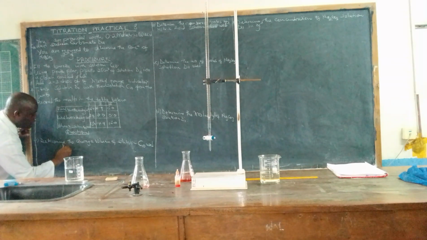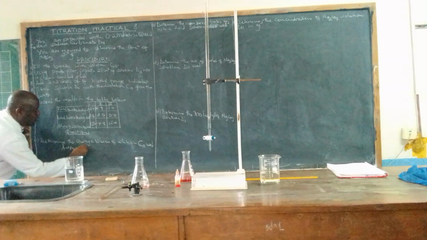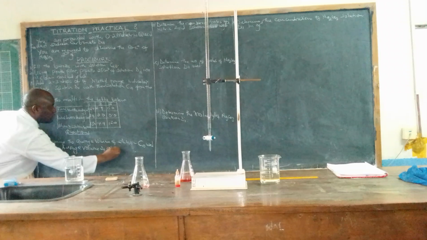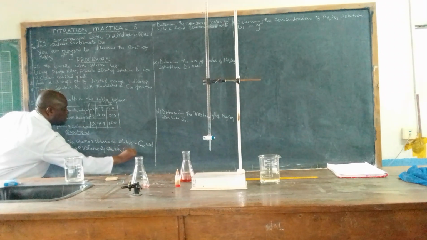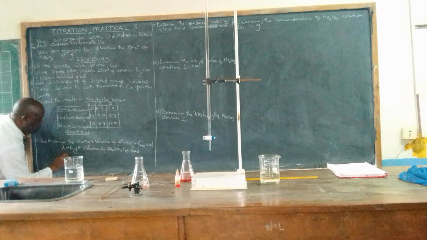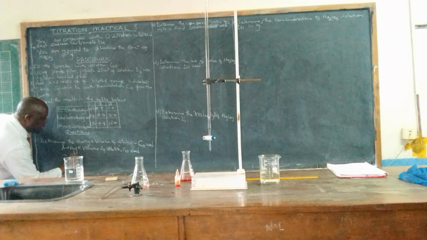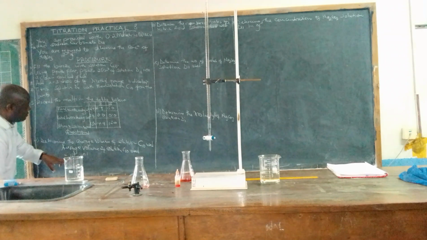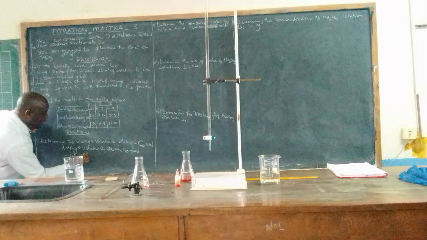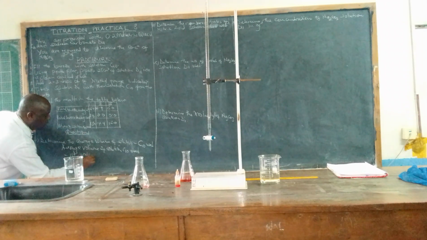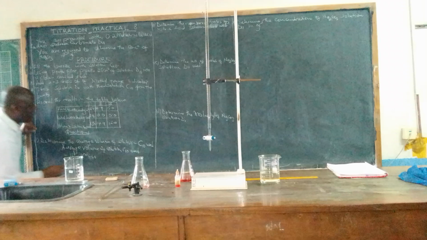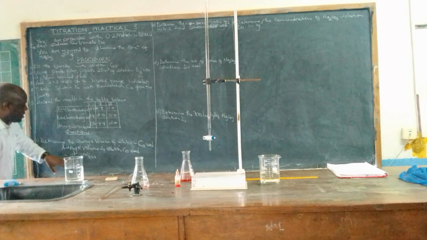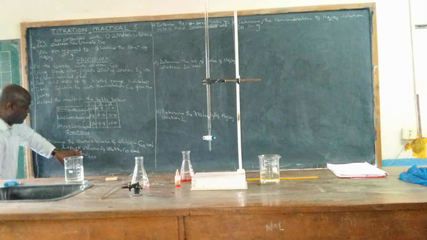So average volume of solution C10 used is equal to first titer plus second titer. In this case we are just going to use these two columns, this one and this one. So first and third.